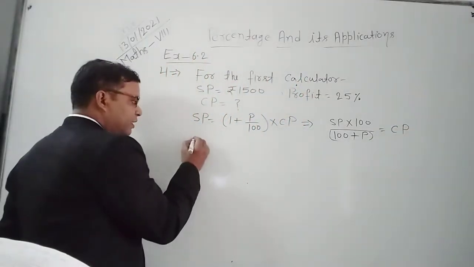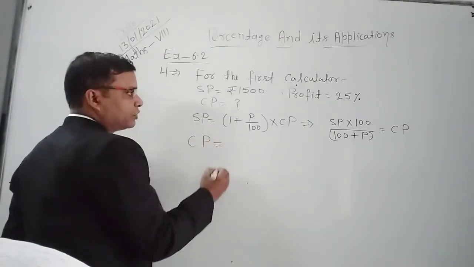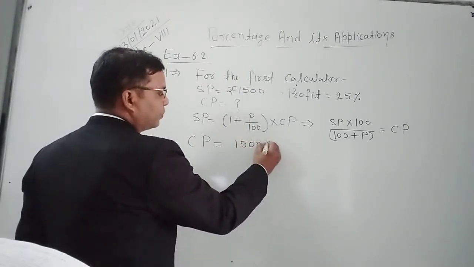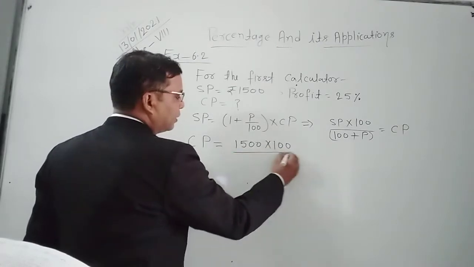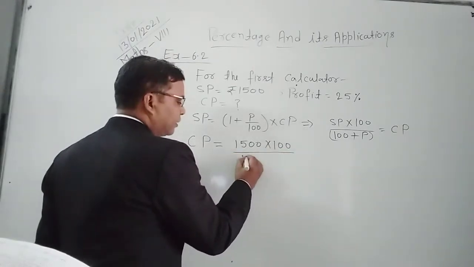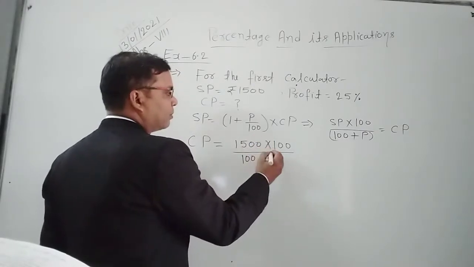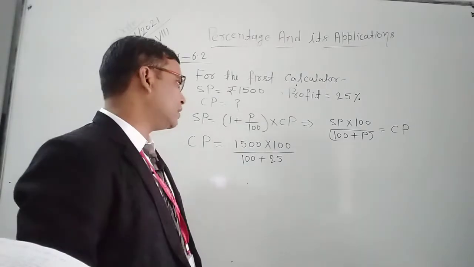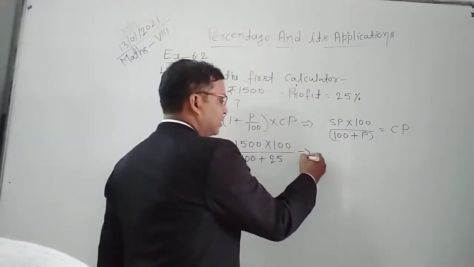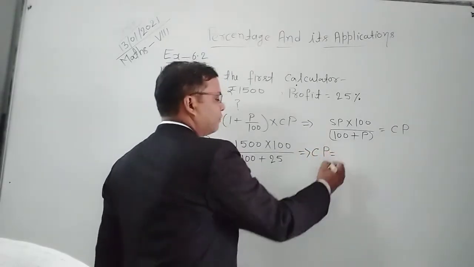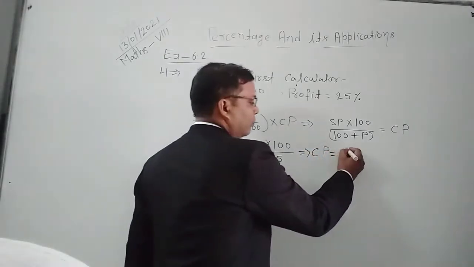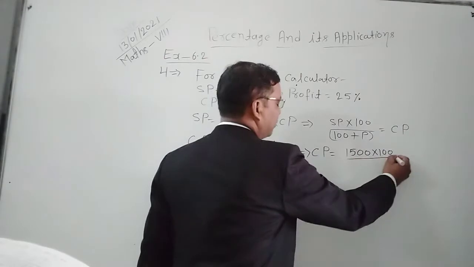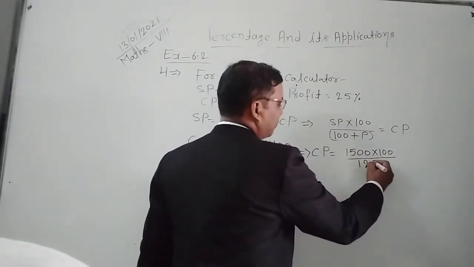Now you can write: cost price is equal to what? SP is given, 1,500 rupees into 100 divided by 100 plus profit, which is 25. This is clear. After this we simplify it. This implies that the cost price of the first calculator is 1,500 into 100 divided by 125.